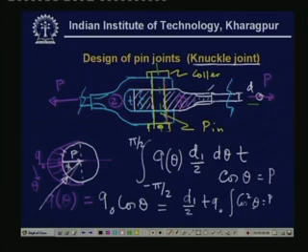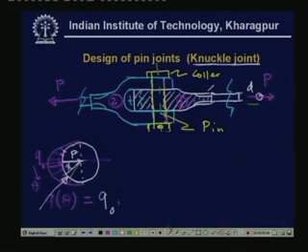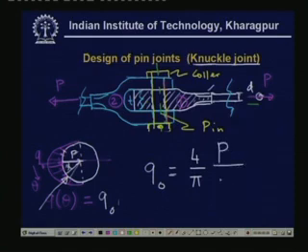Ultimately, q naught is equal to 4 by pi times P divided by d1 t. This is the maximum pressure developed here.